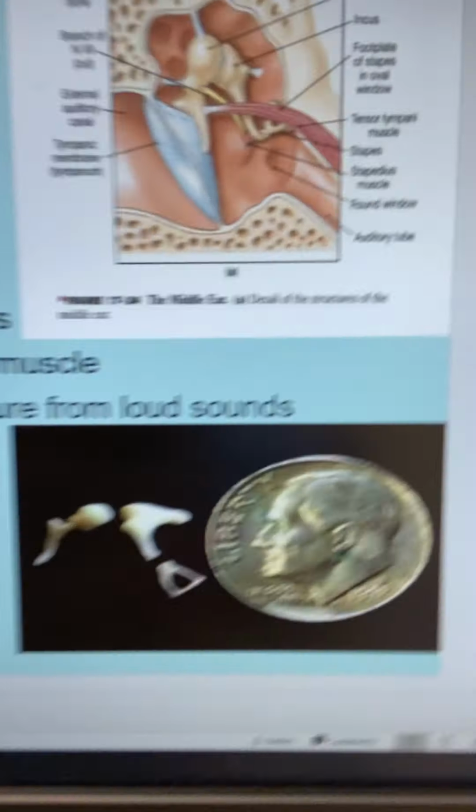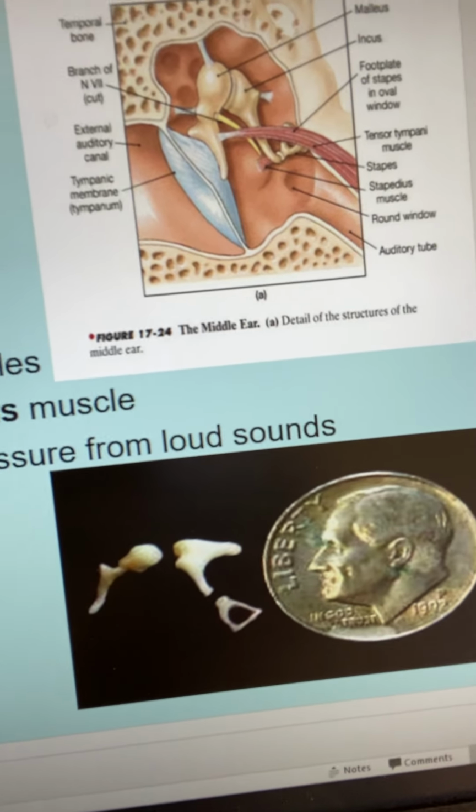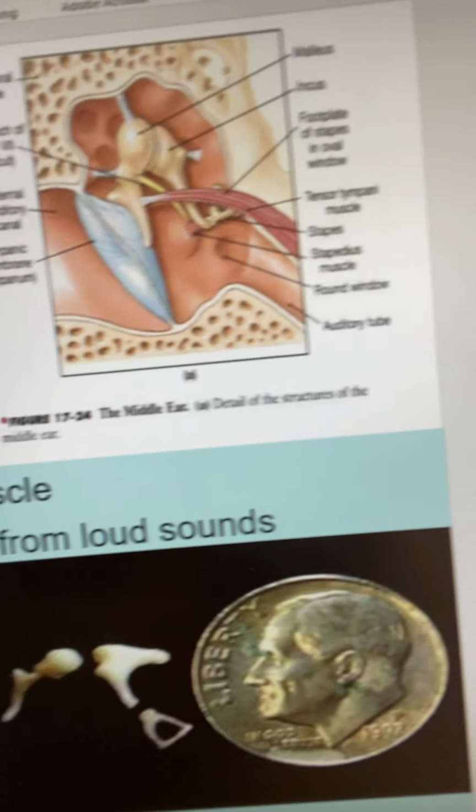Okay, so there are two other structures we need to talk about in this middle ear, and those are these tiny little muscles. Before I talk about them, I want to show you a picture of the malleus, the incus, and the stapes. Now, you might not know it, but that's a dime. You may have forgotten what they look like since we don't really use coins anymore.